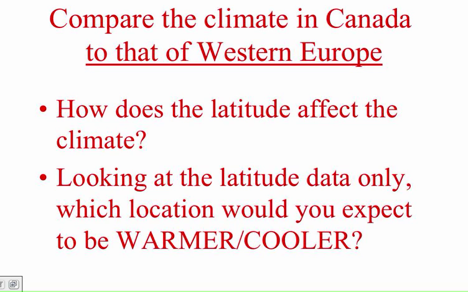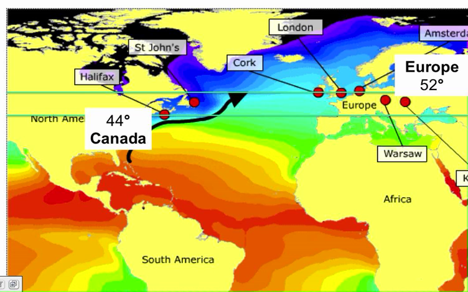Another area greatly affected by ocean currents is Western Europe. Looking at this diagram, let's think about how latitude affects climate, and let's predict which city would be cooler and which would be warmer based on latitude alone. So we have two choices here. We have Canada at the 44-degree latitude line, and we have Europe at the 52-degree latitude line.